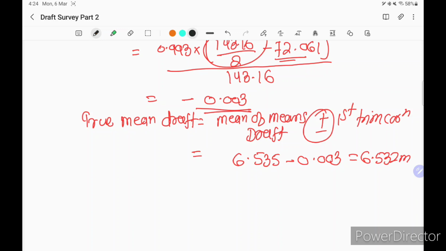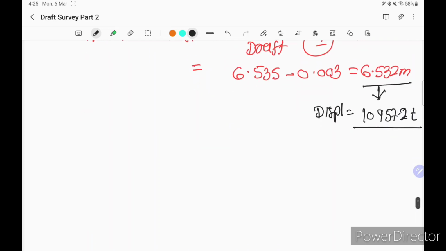Okay, now we'll calculate these values. Displacement in seawater: we'll calculate the displacement is 10957.2 metric tons. Now MCTC1, MCTC2.